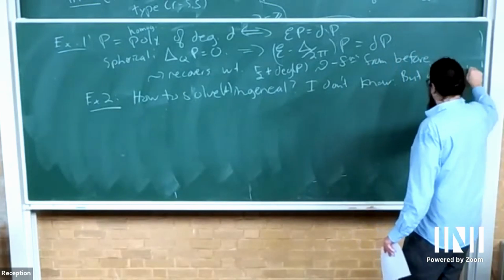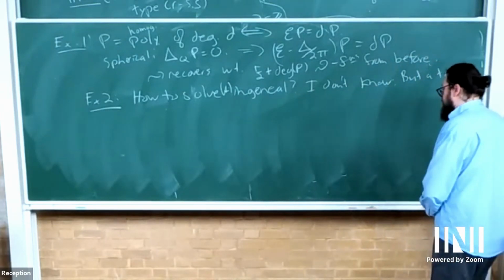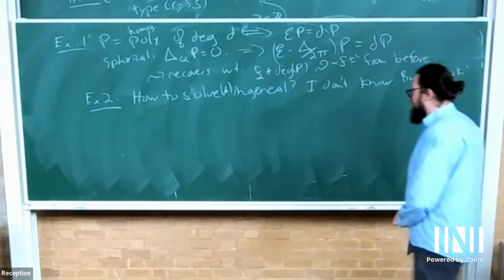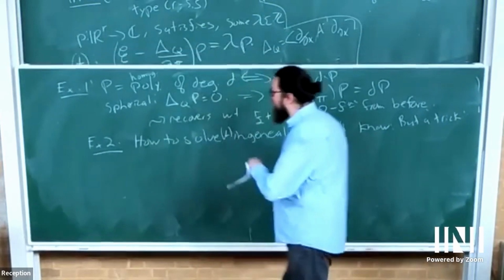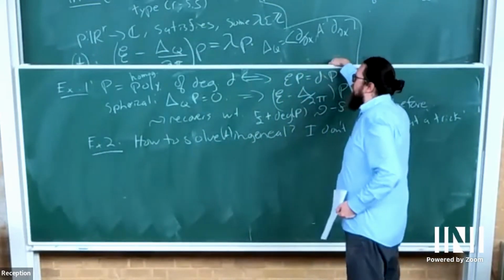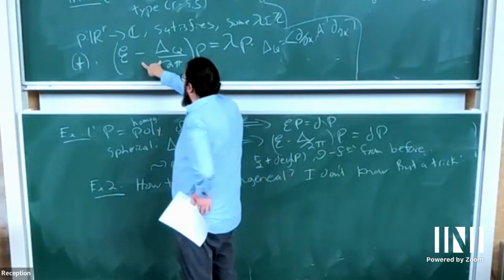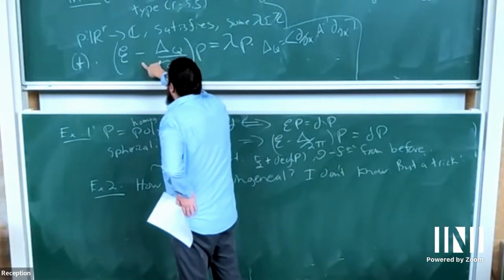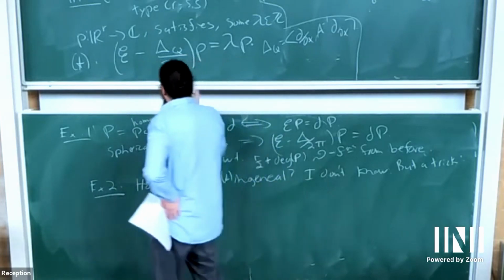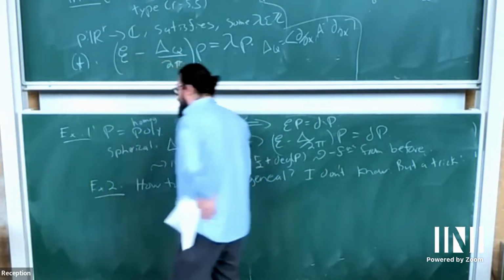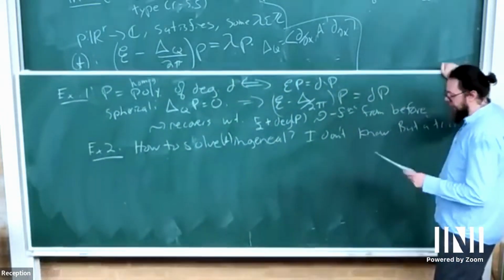Zwegers' thesis, and other examples of these types of theta functions, I haven't seen this written anywhere explicitly, but it's clearly known to experts. I get a little intimidated by degree R ODEs. I don't know how to solve them in general, but there's a way to turn this into a one-dimensional problem, and then it's a one-dimensional ODE, which is completely solved, and that gives Zwegers' thesis and others.